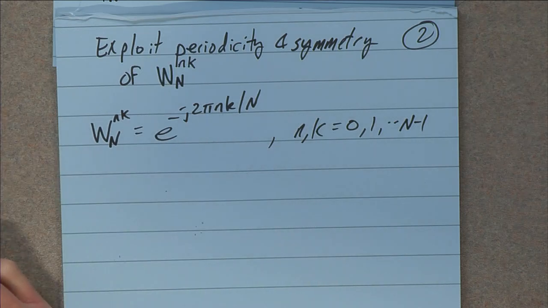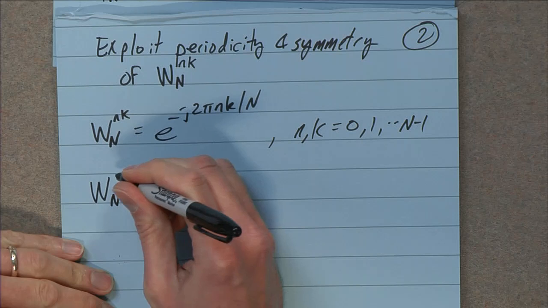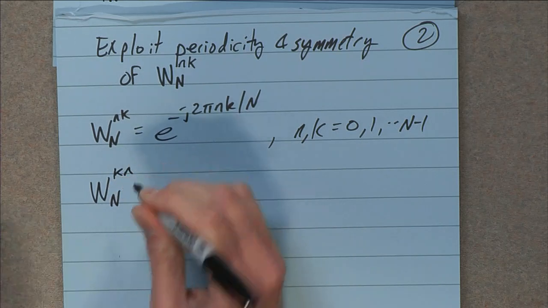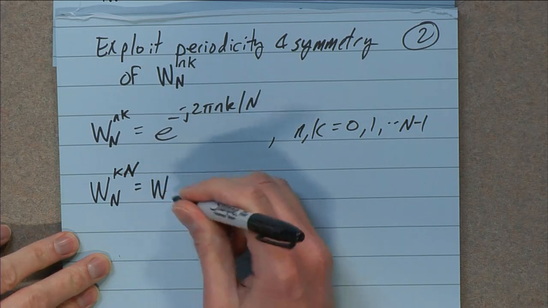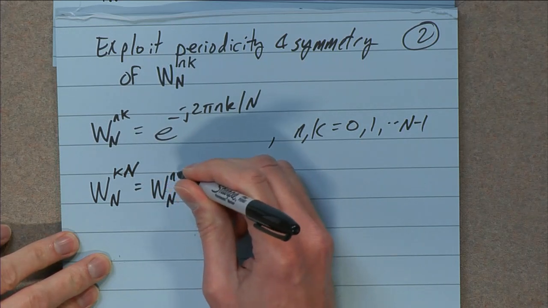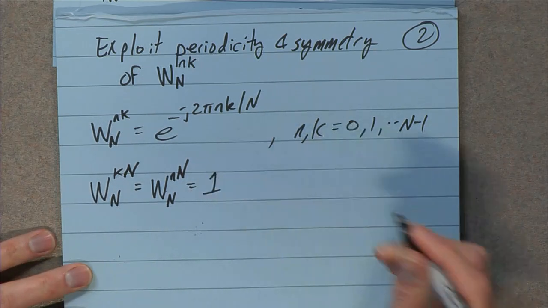That's always going to be some integer number of 2 pi, so it's always going to be 1. So W_N to the power kN is the same as W_N to the power nN, which is the same as 1.